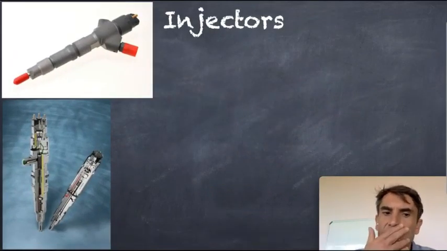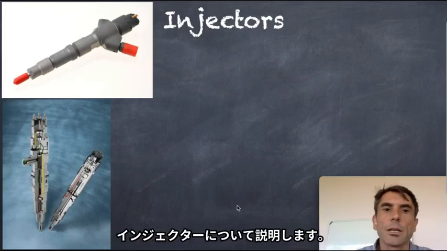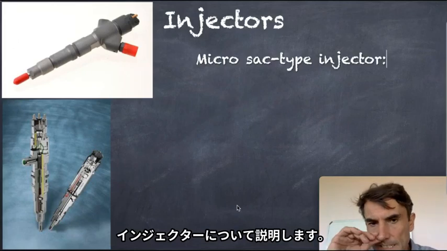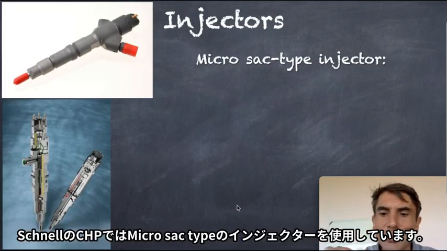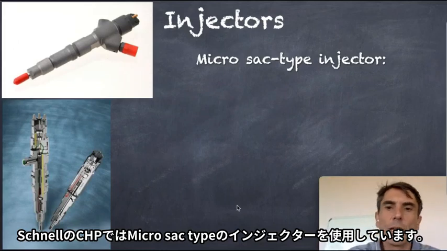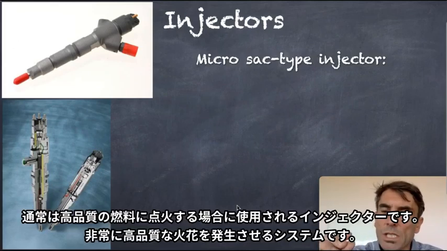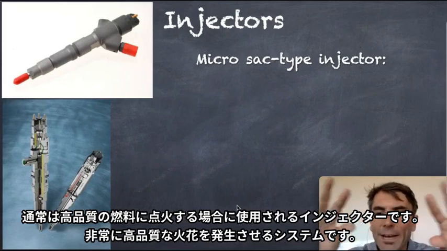From the common rail system, the fuel goes directly to the injectors. Schnell uses microsac type injectors, a special type of injector usually used to inject a small volume with high quality, with a very fine spray.